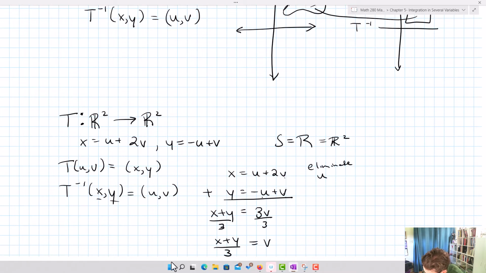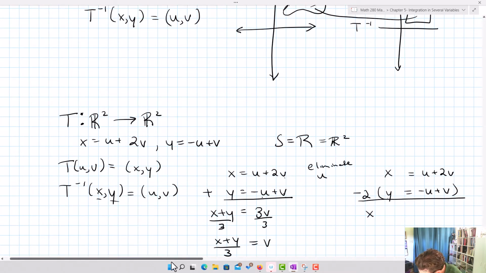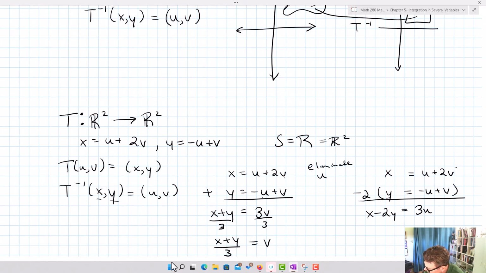Now, I'll go over and say, okay, well now I've got x and y. x equals u plus 2v, and y equals negative u plus v. And so if I multiply the bottom by negative 2, then I can add the two equations together. I'll get x minus 2y, because I'm multiplying y by negative 2, is going to equal, this will be u, negative u times negative 2 is 2u, so this is going to be 3u, and then 2v and negative v are going to cancel out, so there it is.